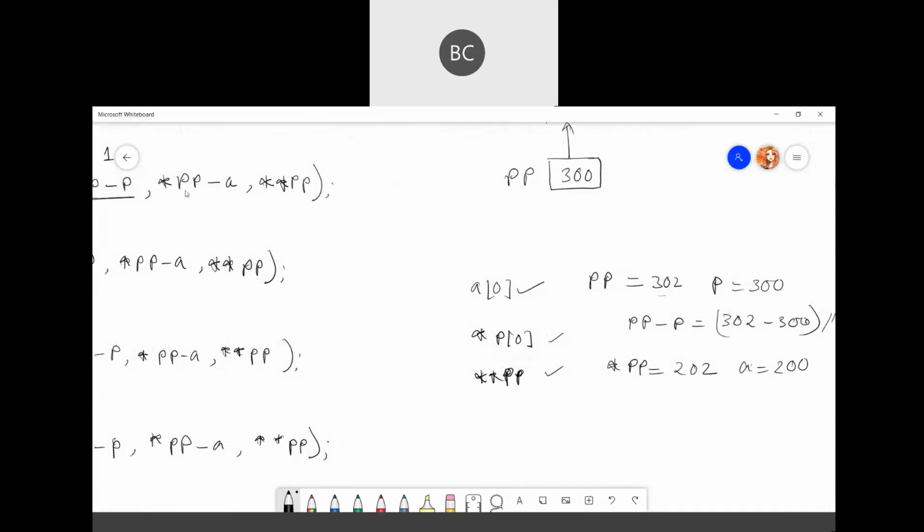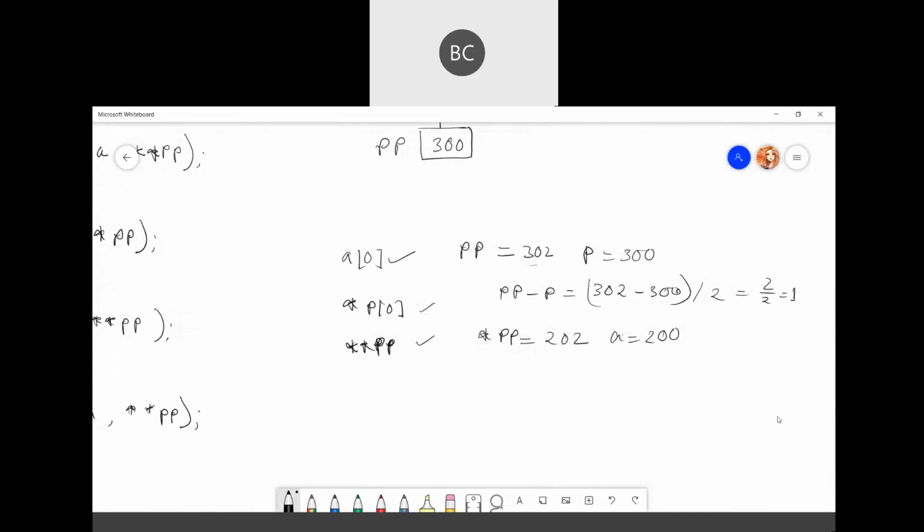So now we want double pointer PP minus A. What will be the value here? PP minus A equals 202 minus 200, which is 2. Again you need to divide it by 2, so again it's 1.